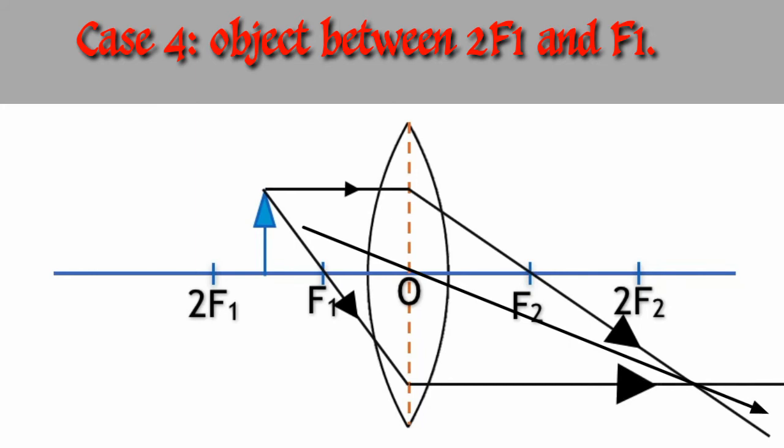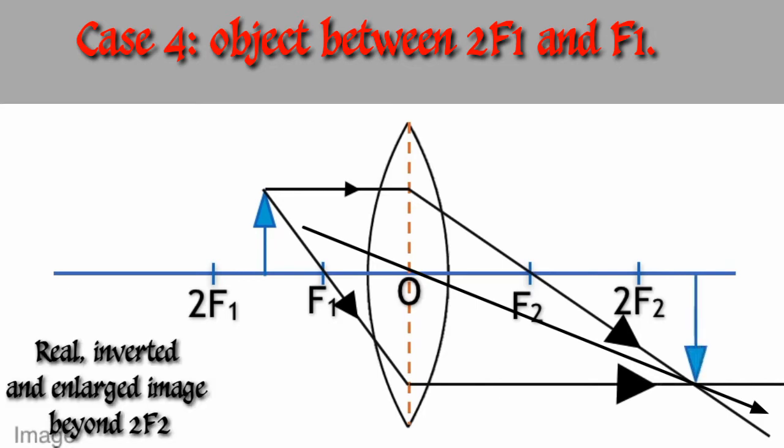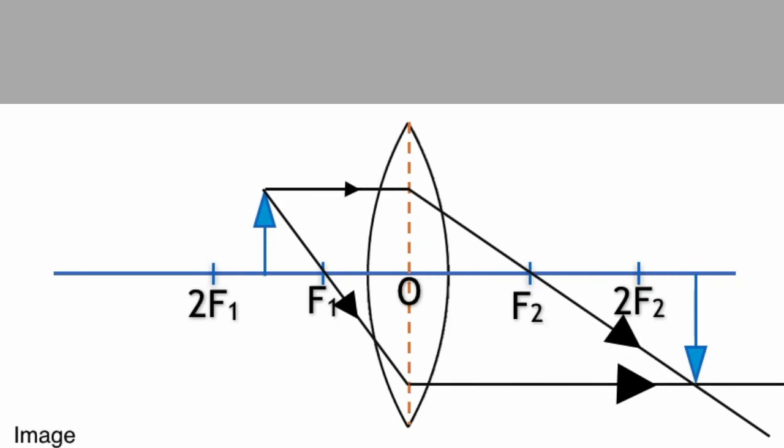Then here also we obtain an intersecting point of the refracted light rays, and join that point with the principal axis. That gives the corresponding image. When the object is placed between f1 and 2f1, the convex lens provides a real, inverted and enlarged image beyond 2f2.